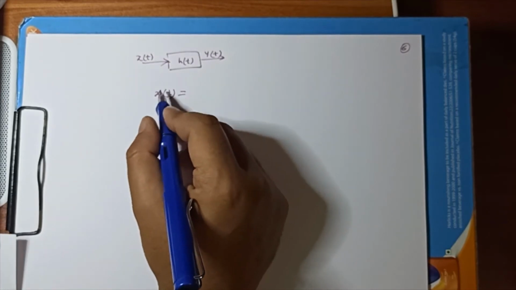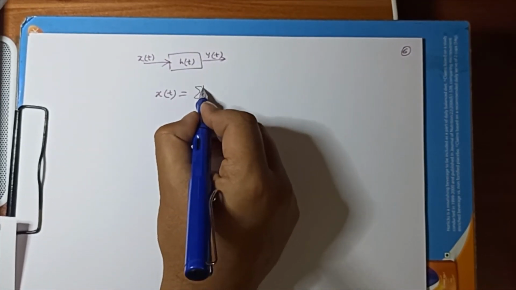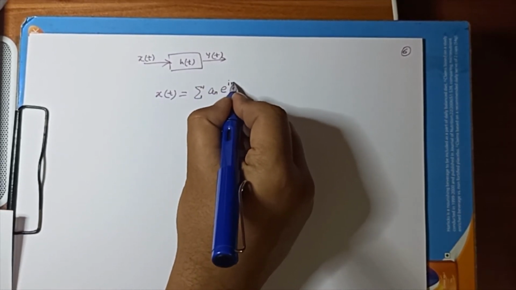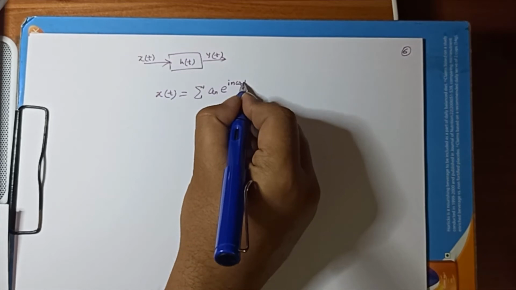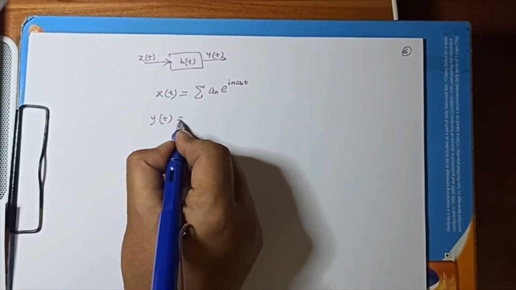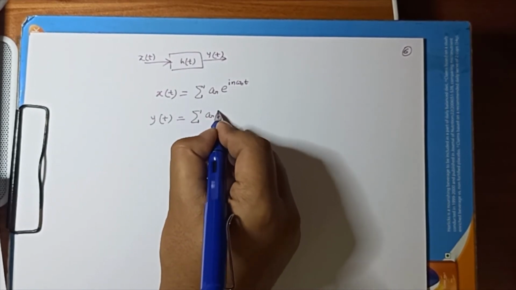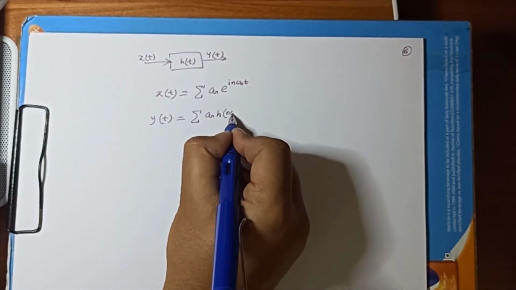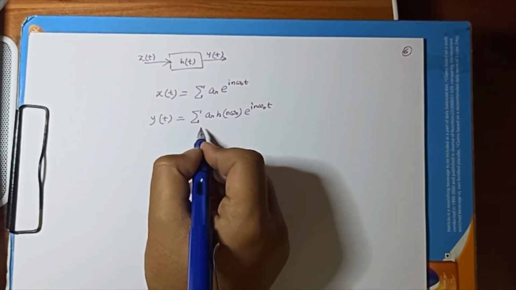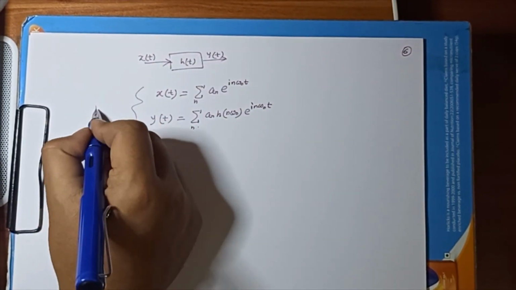If this is periodic or time limited, then you can write it in terms of the Fourier series, say a_n e^{i n omega_0 t}, and then y(t) will be a linear combination of a_n h(n omega_0) e^{i n omega_0 t} for all n. This is for the Fourier series case.